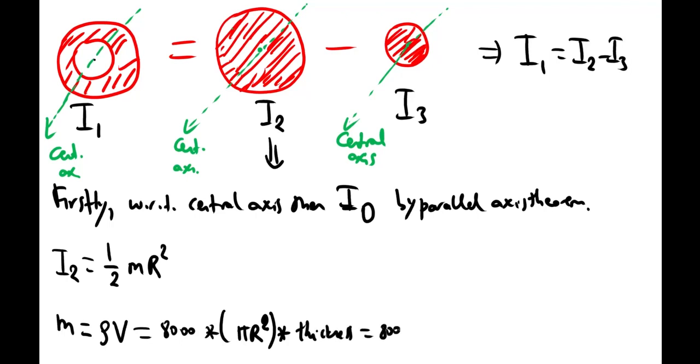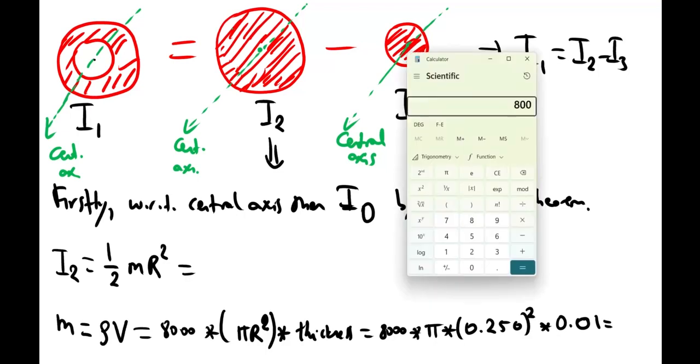That will be 8,000 times pi times 0.250 squared times the thickness, which is 0.01. Okay, that will be the mass of this object. If you do the calculation, 8,000 times 3.14 times 0.25 times 0.25 times 0.01, that is 15.7 kg.